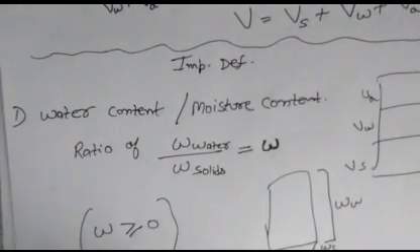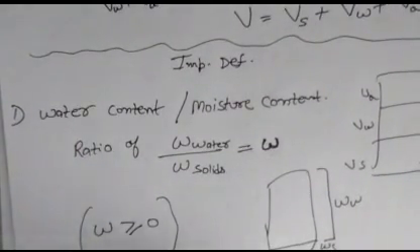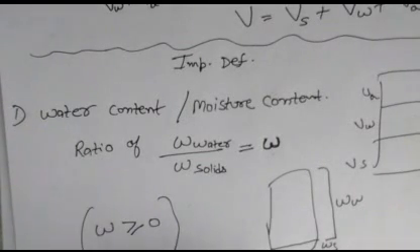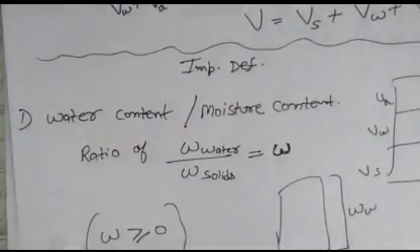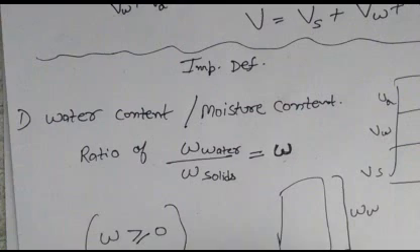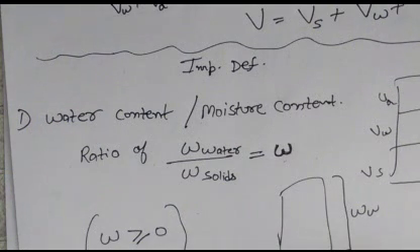Now second, what we're going to talk about is the void ratio. The term itself says we are talking about voids, and then a ratio. It is represented by small e. Small e is equal to the volume of voids to the volume of solids.